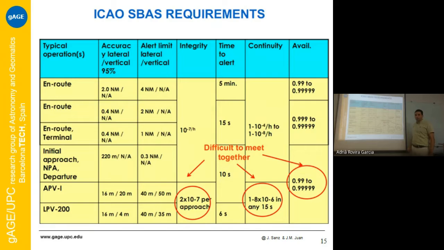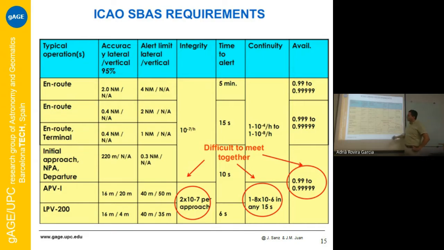These are the requirements stated by ICAO. ICAO is the International Civil Aviation Organization that dictates those requirements, no matter if we are using GNSS or whatever other means of navigation.